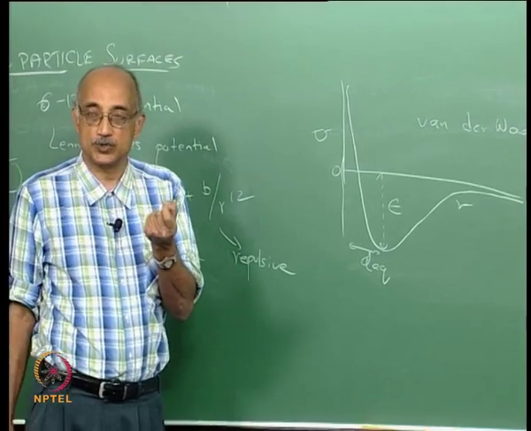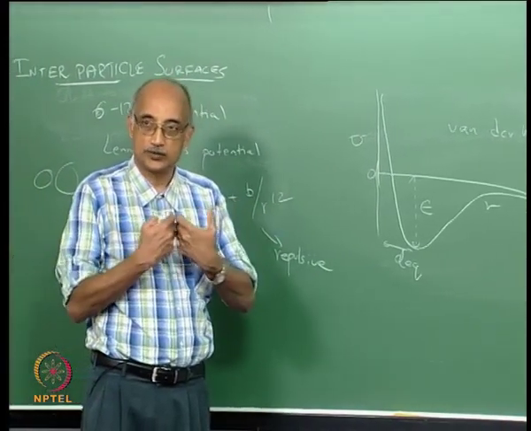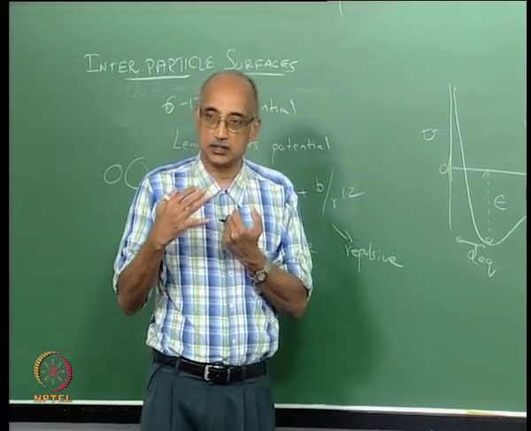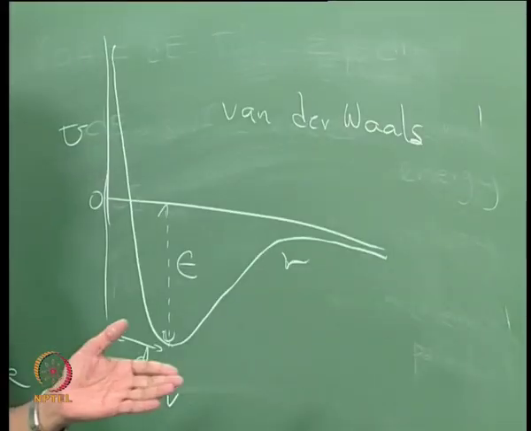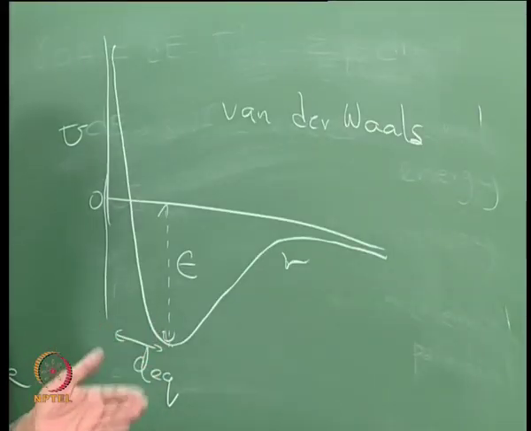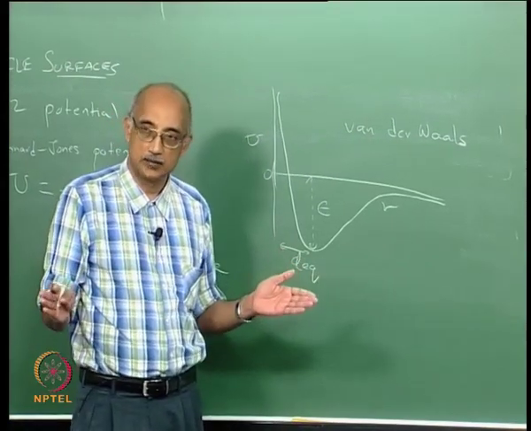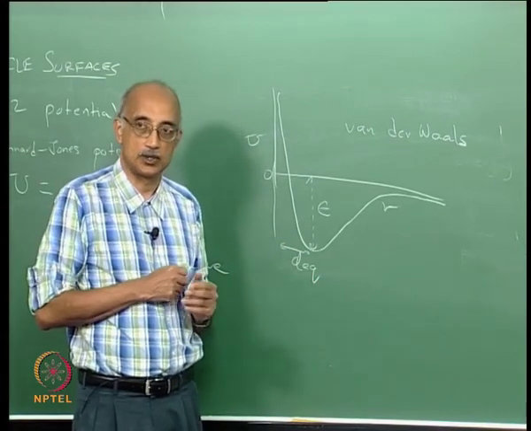So the equilibrium position will be one that essentially involves the two particles virtually in contact, whereas as the surface energies decrease, the equilibrium distance becomes longer and longer. So the equilibrium position for the particle pair is to be farther apart when you have low surface energy particles compared to when you have high surface energy particles.